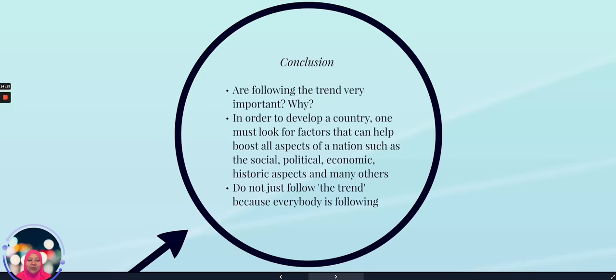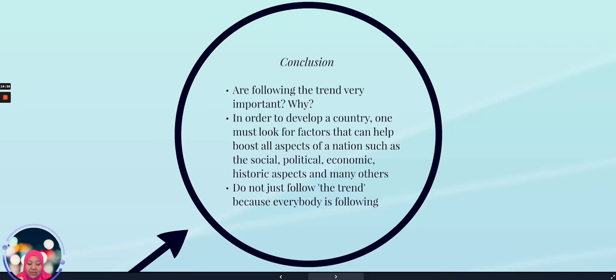So when you're talking about developing a country, we must look at factors that can help boost all aspects of a nation. As I have mentioned just now, it's not just about economic development, or it's not just about political development. No, it's everything, all kinds, all types, all categories of development.